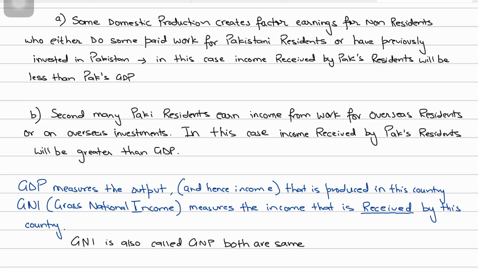In this case, the income received by the Pakistan's residents will be less than the Pakistan's GDP because Pakistan's GDP would include all the incomes that are generated or output that is produced in Pakistan, irrespective of whether that income accrues to or belongs to Pakistani residents or not. Again, I'm going to repeat that when you talk about Pakistani residents, you're including the individuals, the firms, and the government, right? All the key players in the economy.